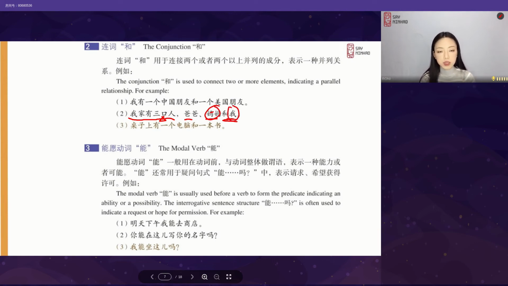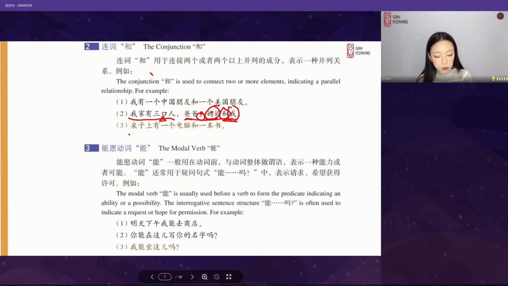And for the elements before, we will use this symbol, a dot, which is a slight pause mark, to separate the other elements in the sentence. Okay, so just use 和 between the last two elements. Don't use it before, just one time. 和 will just show up one time.